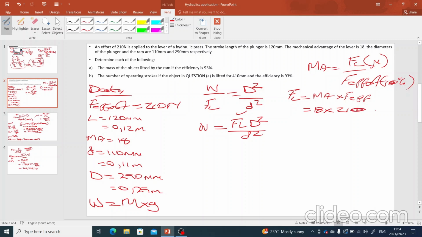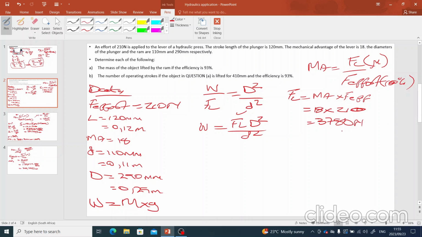This 210 is assumed to be at what? At 100%. Don't forget that. Then we get our answer as 3,780 Newton.